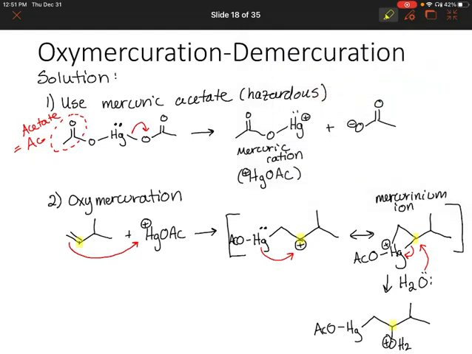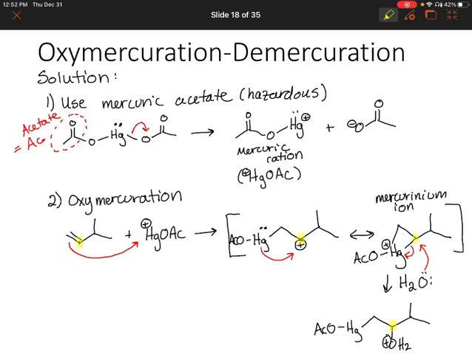All right, so it looks like we're going to end up with an alcohol group right where we wanted it. And the mercury, or the mercuric cation that bonded to the less substituted carbon, is kind of forcing the water to come in right where we want it to.